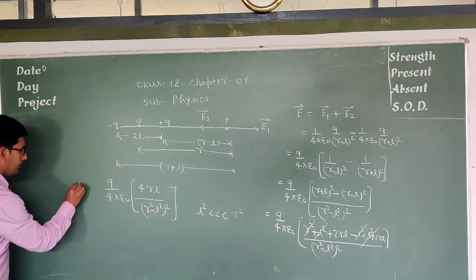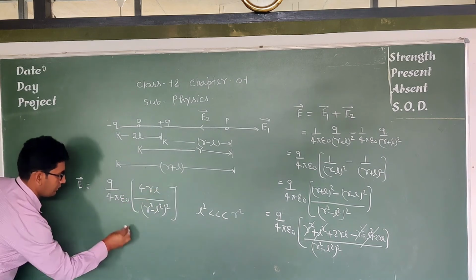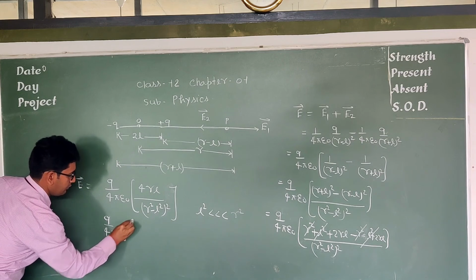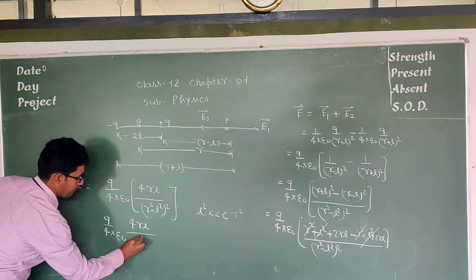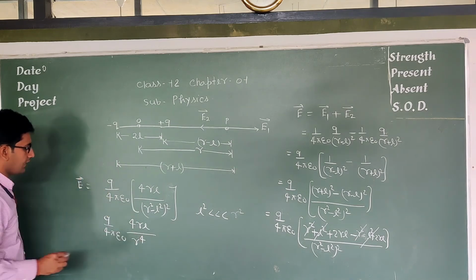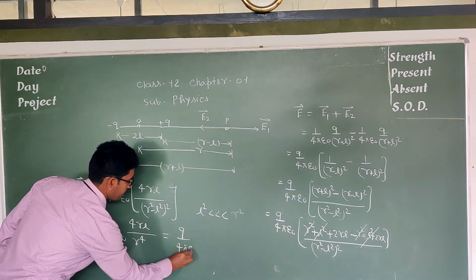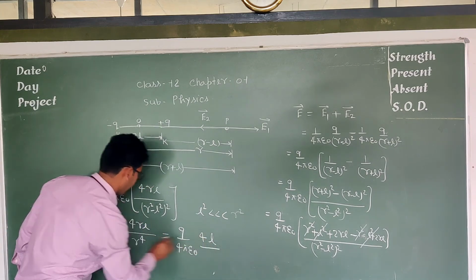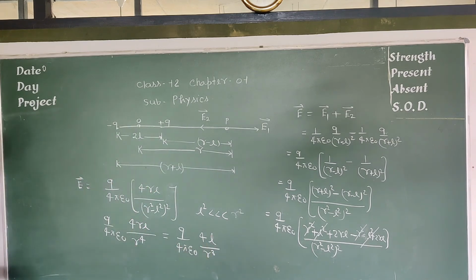So we can write Q by 4 pi epsilon naught 4RL divided by R to the power 4, and one power from this is cancelled out, so we can write Q by 4 pi epsilon naught 4L by R cube.